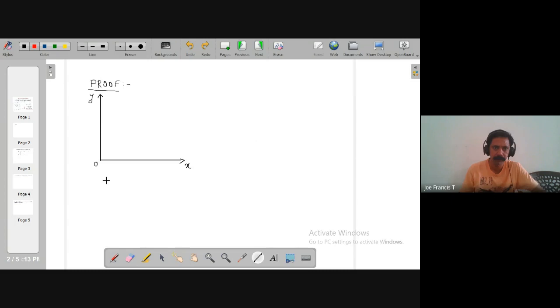One force here, and suppose that force is F1, a force F1, say making an angle theta 1 with x direction, and you have another force F2.